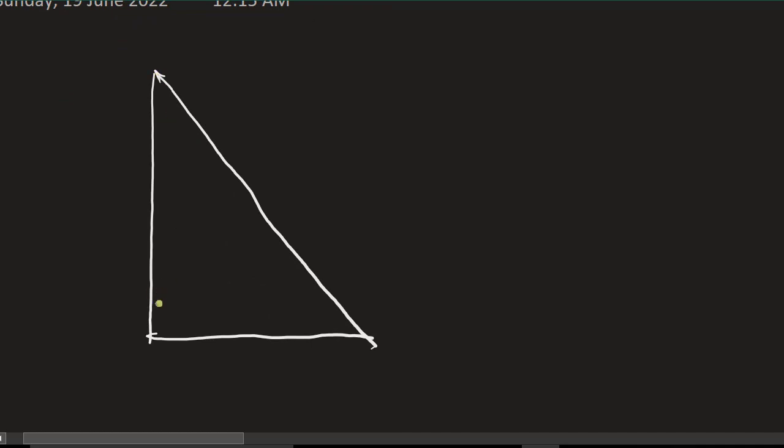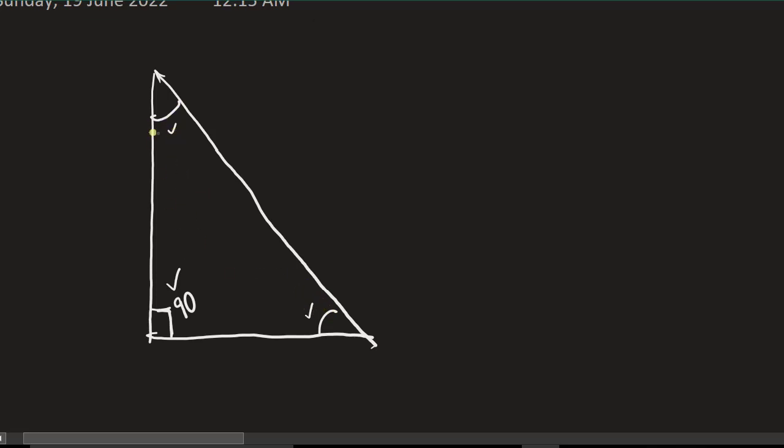This is a right angle triangle in which this angle is 90, and the other two can be anything, but the sum of all interior angles should be 180. The sum of all three should be 180.